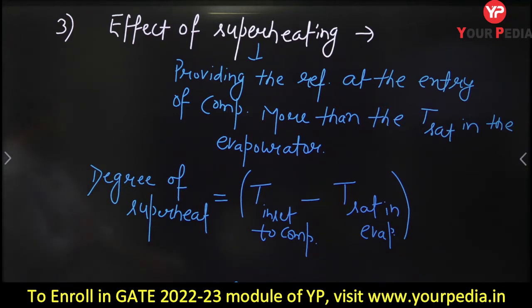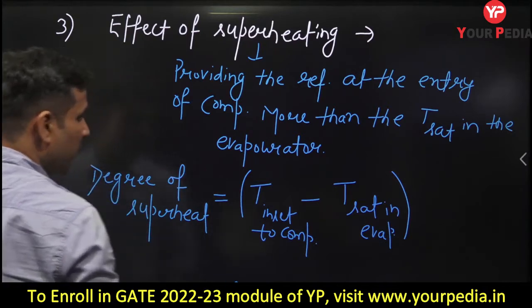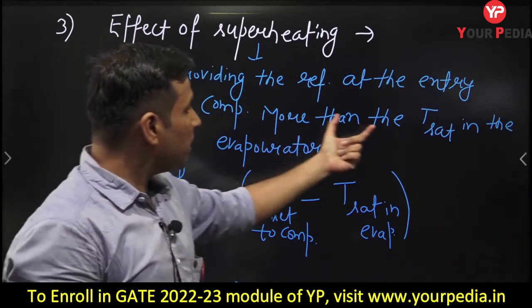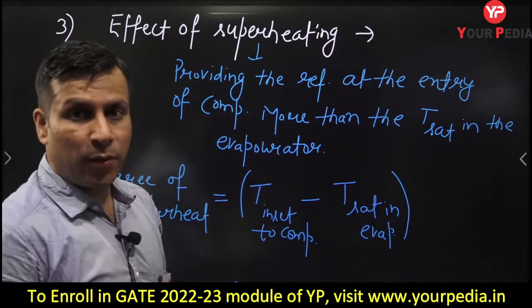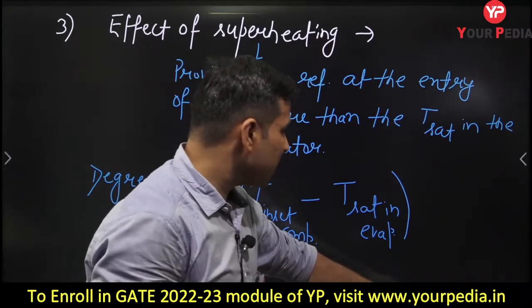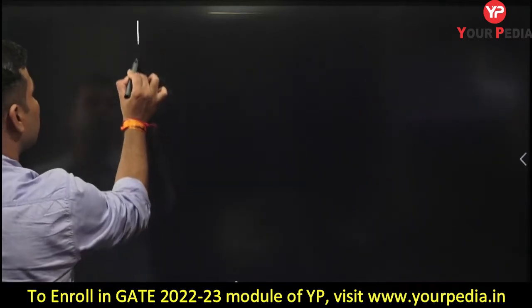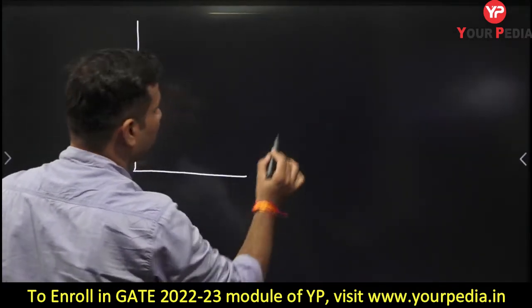So this is the degree of superheating. Providing the refrigerant at the entry of the compressor above the T saturation is known as superheating. Why is this required? All these things we will discuss. So let me first show you the superheating on the TS and pH diagram.